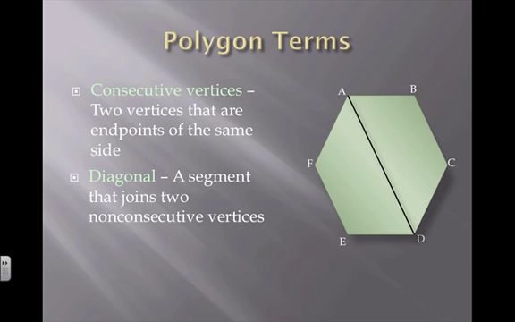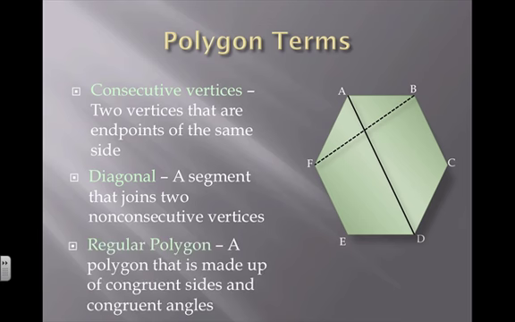And again, there are many diagonals that can be contained within a polygon. We can also have the diagonal BF. Vertex B and vertex F are non-consecutive vertices, so therefore a diagonal can be drawn that joins those 2 non-consecutive vertices.